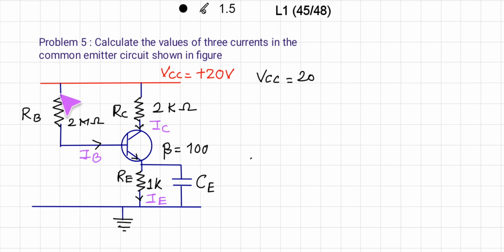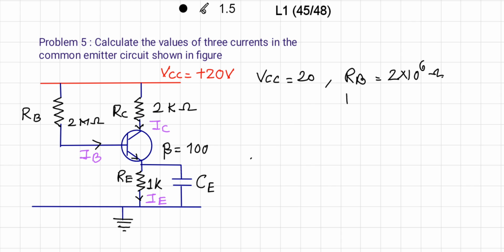Thereafter RB is given, we have to find out IB. So voltage across RB is IB into RB, that you know. Voltage across RC is equal to IC into RC. Here beta is given, that is 100. The resistance RE is 1 kilo ohm. So the given things are that VCC is 20 volt, then RB is equal to 2 mega ohm, that means 2 into 10 raised to 6 ohm.